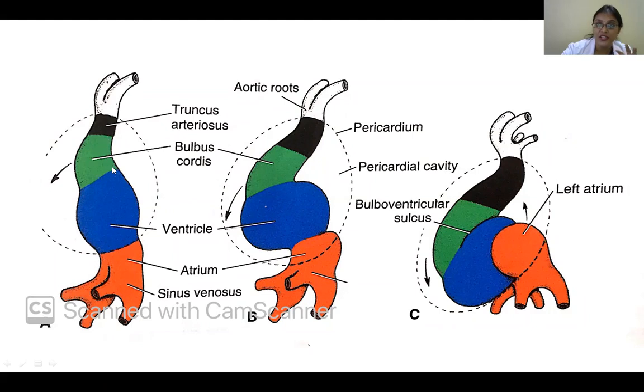But that is not the case when you see the adult heart. That means there is some realignment and chamber expansion that will lead to the normal adult heart. So this is one important thing we have to consider in this class. Then you can see the tube is elongating, but the space is limited, because of which the heart starts looping. And initially this is a C-shaped loop, and then it becomes more like an S shape.